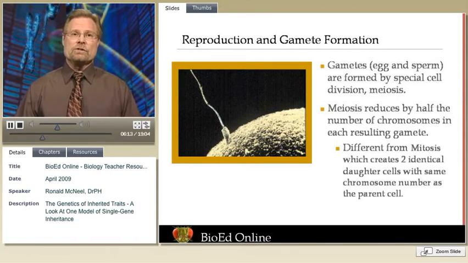The gametes, the female egg and the male sperm, are formed by a special cell division process known as meiosis. Cell division through meiosis reduces by half the number of chromosomes in each resulting cell and is different from mitosis, which creates two identical cells with the same chromosome number as the parent cell.